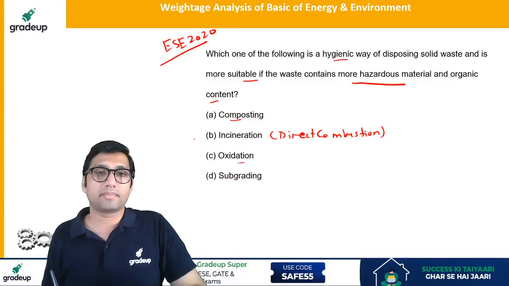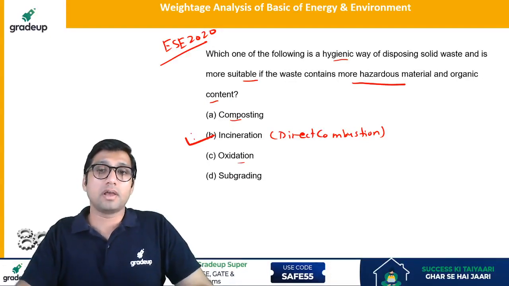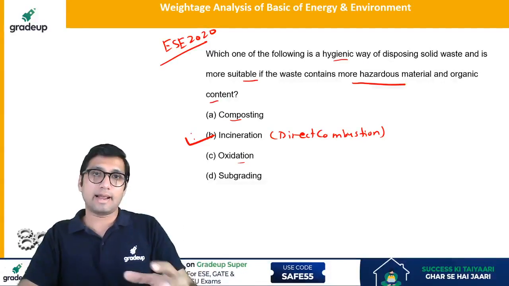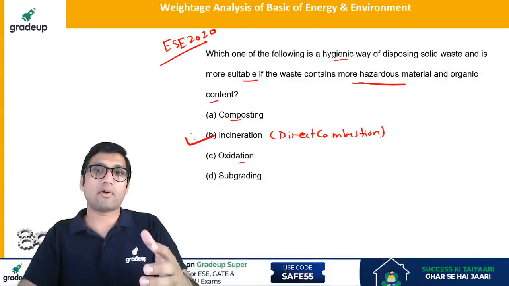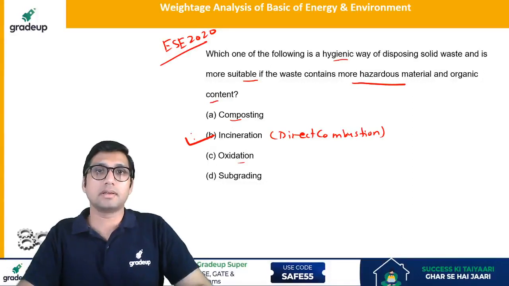And subgrading. But the answer for this question will be option number B, incineration, in which we directly do the combustion of the hazardous waste, and by that we can basically avoid the harmful effect of that particular waste. Okay.